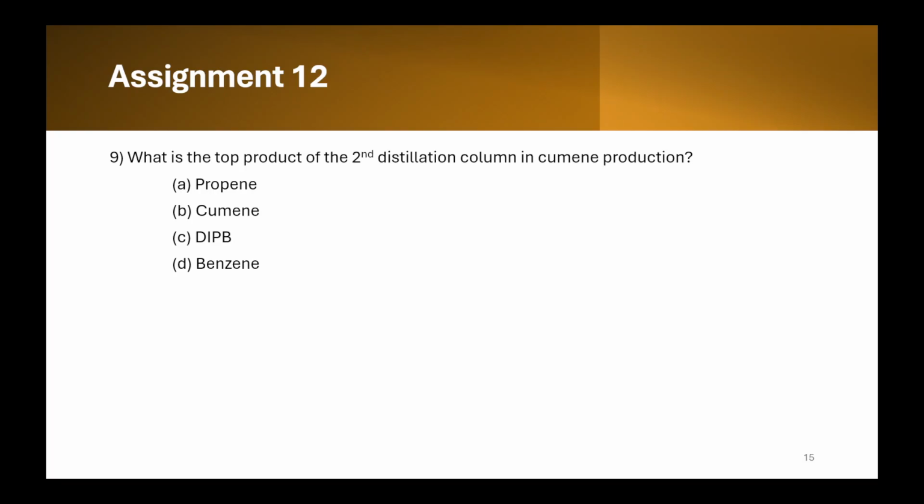Next question, what is the top product of the second distillation column in cumene production? So we saw in the bottom part of the flow sheet, there is a separator, a first distillation column and a second distillation column.